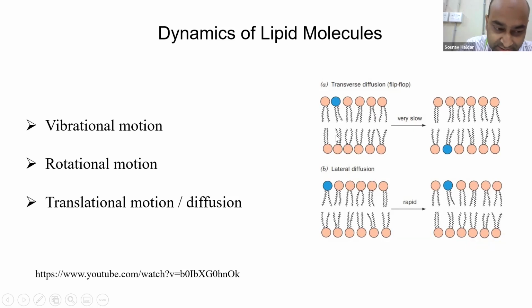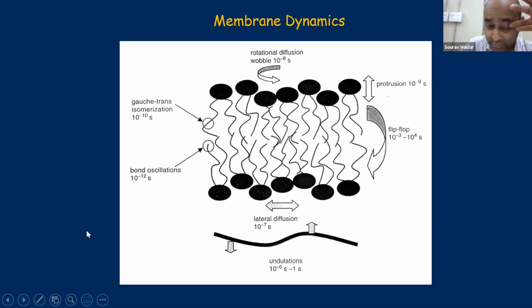There are specific enzymes. These are called flippases and floppases, and they help in maintaining the transmembrane asymmetry by assisting in the flip-flop motion. So this is another slide which comprehensively depicts all the different kinds of lipid motions in a bilayer.